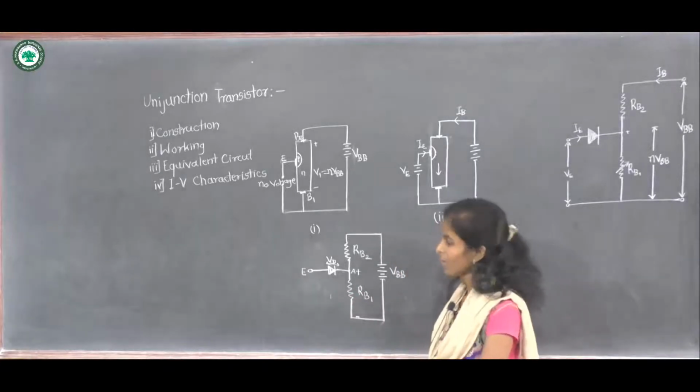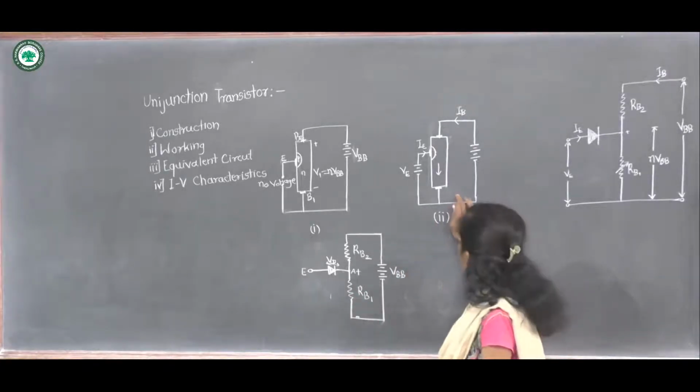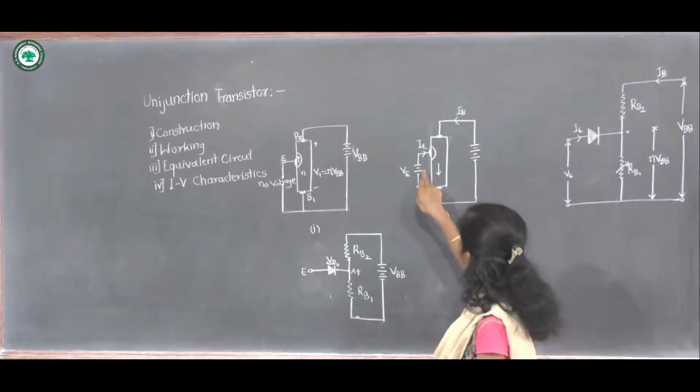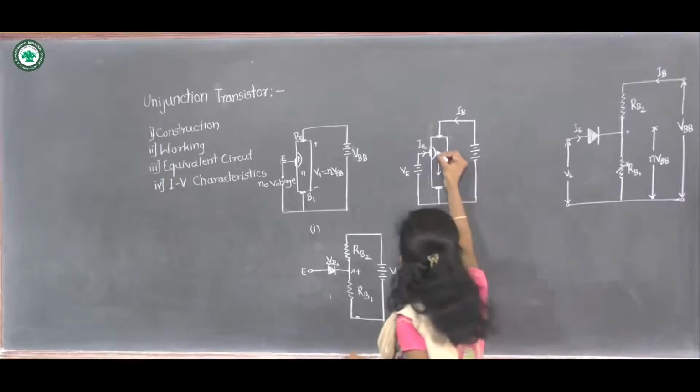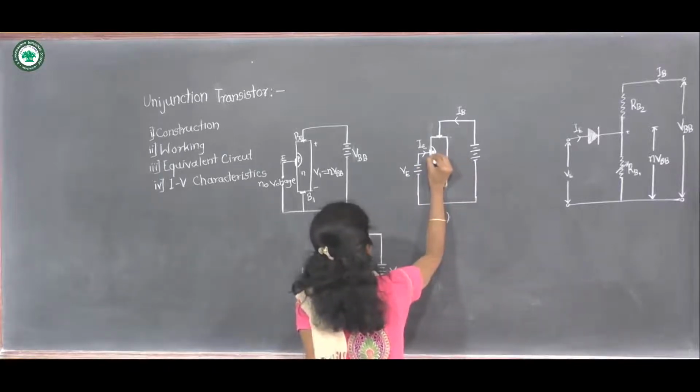In this case, a positive potential is given to the emitter terminal, and this is the P region, the small inner curved region is the P region.